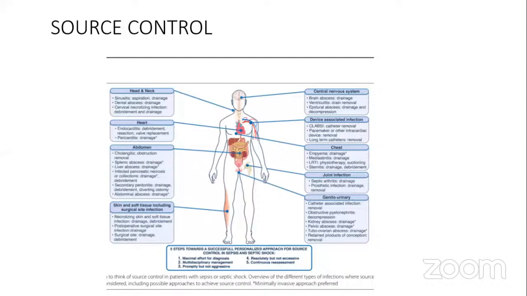If you have a surgical site, sinusitis where you need to do maybe aspiration or drainage, post-abortal sepsis with retained products, septic arthritis, an empyema, device-associated sepsis, you largely need to find the source of sepsis and get rid of it, otherwise your patient will not improve. This usually involves taking a good history and involvement of a multidisciplinary team. And you need to have continuous assessment.